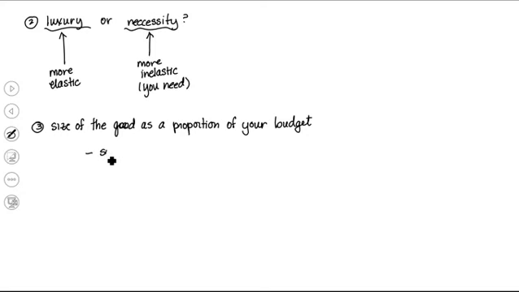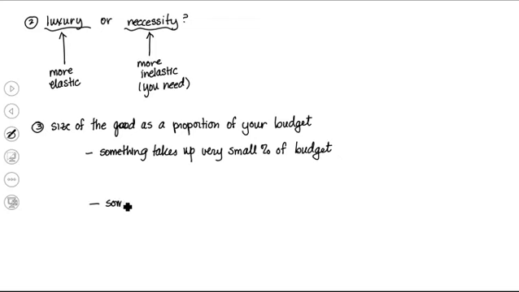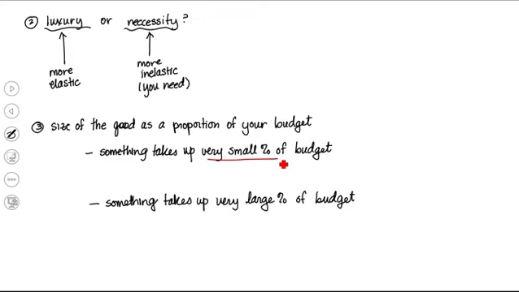Let's say that something takes up a very small percent of my budget versus something takes up a very large portion of my budget. So let's look at those two situations. Something takes up a very small percent versus something that takes up a very large percent.